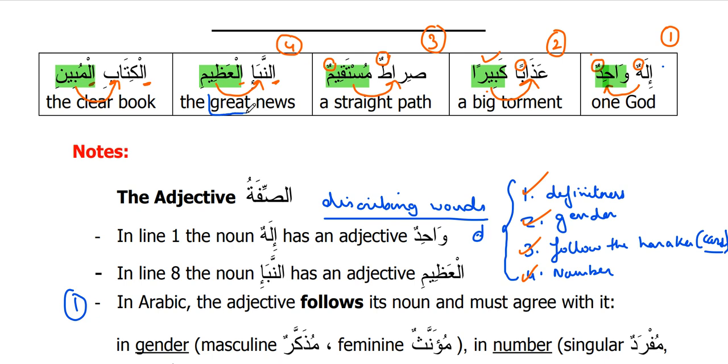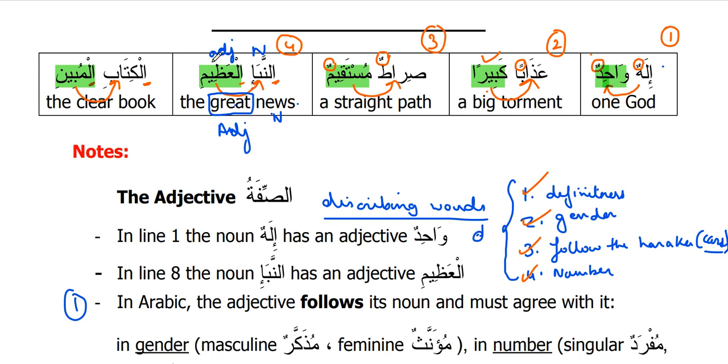The adjective great is coming before the noun. Great news. The noun is after the adjective. But what do you see in Arabic? The noun is before and the adjective is coming after the noun.